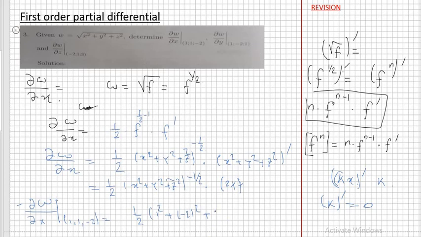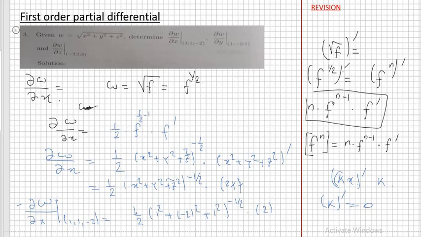If you want, you can just leave it as it is. And then we have -1 over 2. And the next part is we have 2 multiplied by x. In this case, x is equal to 1, so 2 multiplied by 1 gives 2.